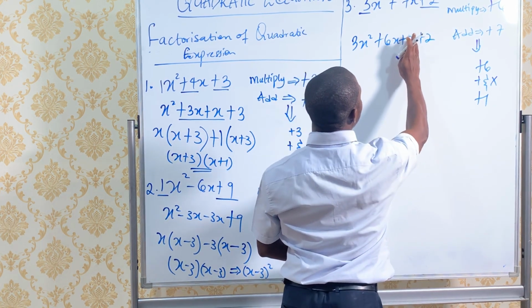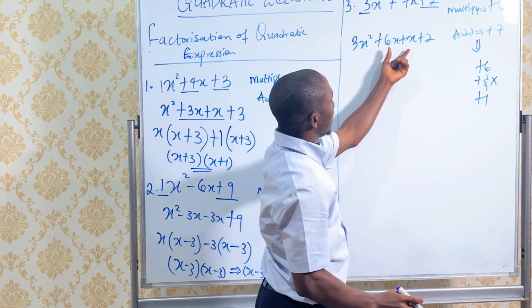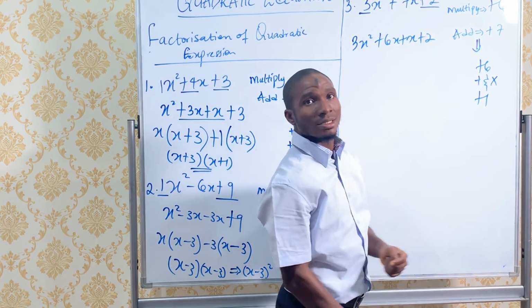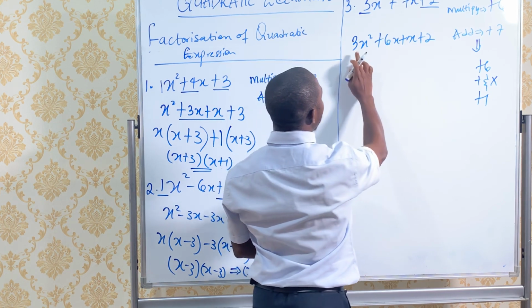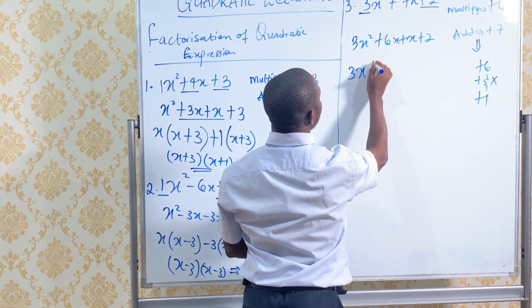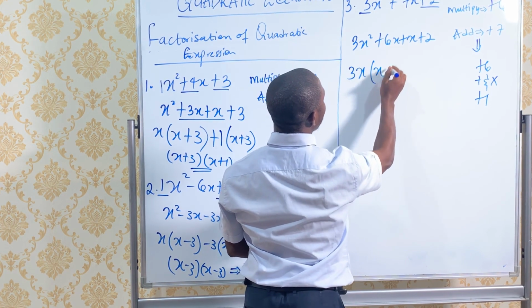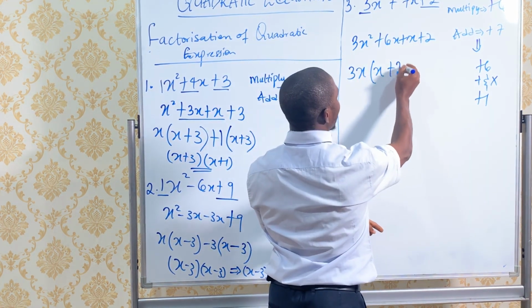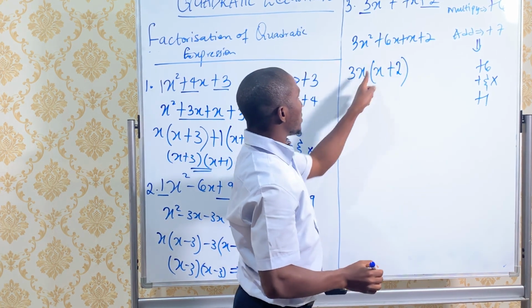So we now have 3x squared, then 7x is replaced by 6x plus 1x, which is x, plus 2. The equation remains the same thing. Now, between 3x squared and 6x, 3 is common, and x is also common. So here I will be left with x plus 2, because x and 3 are already outside.